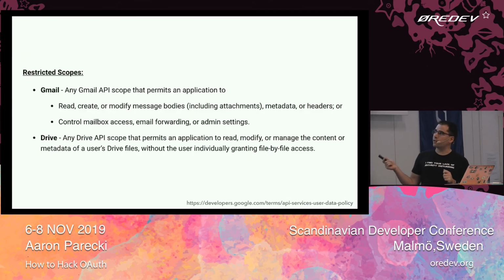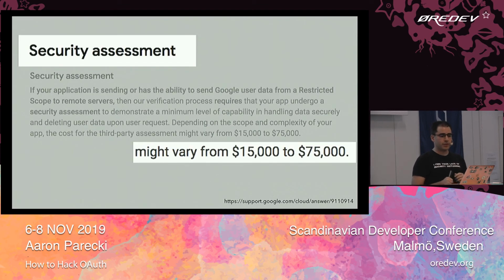And you might notice that these are 2 of the scopes involved in that attack, which was if an application is requesting access to your Gmail account or your Google Drive, then that falls under what they call restricted scopes, which triggers a new set of requirements to actually get your app live, including what they call a security assessment, which costs between $15,000 and $75,000, which is basically their solution to not having this problem happen anymore, right? Because now an attacker would have to spend a lot of money.